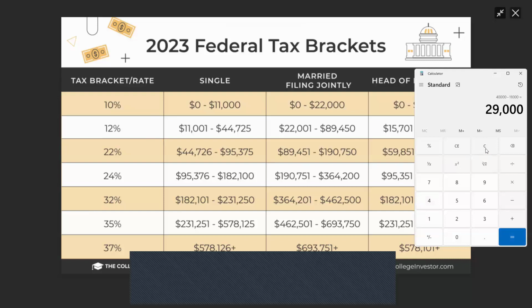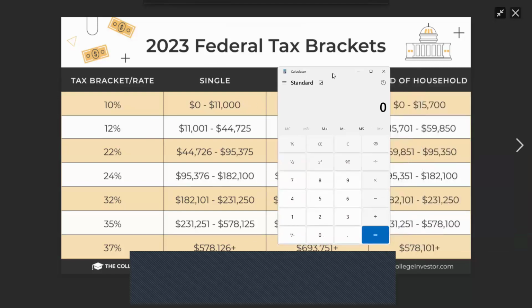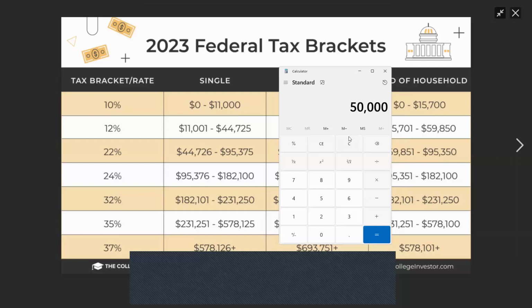So let's just say that instead, this individual's taxable income is $50,000. We're still dealing with a single individual. Of the first $11,000 that they earned, it would be subjected to a 10% tax bracket.